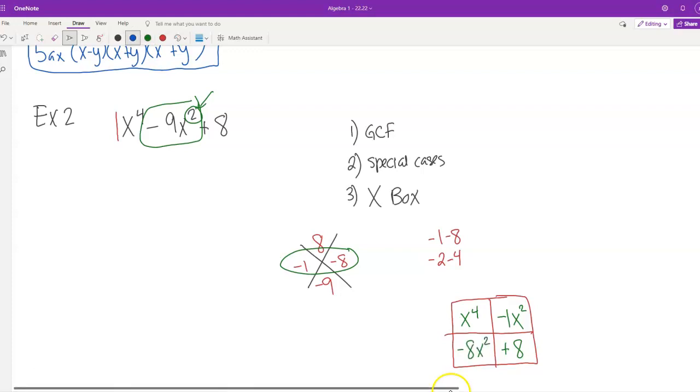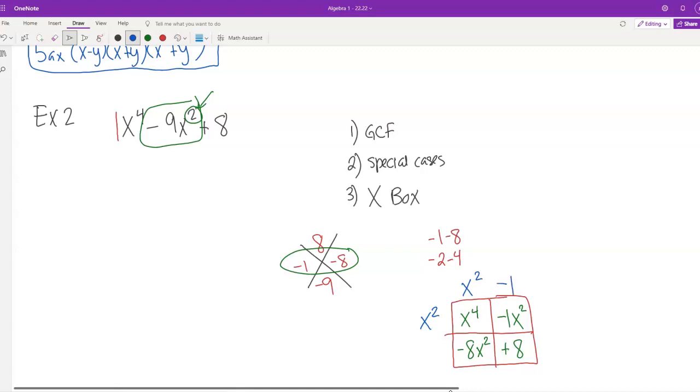All right, so now we're going to go ahead and do the GCF. GCF here, x squared, GCF here. Now remember, if the one in the lead is negative, we're taking the negative, but let's work backwards just to show how this is going to work out. x squared times what is going to give you x to the 4th? x squared. x squared times what is going to give you -1x squared?